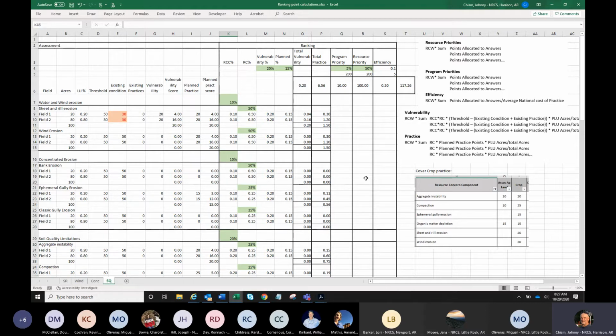So, assessing a certain set of resource concerns, and somebody that's doing one practice is not going to get as many points as somebody that does 2, 3, or 4 practices. So you can kind of see how that works and how it was designed to match what EQIP and CSP is supposed to be paying us for.